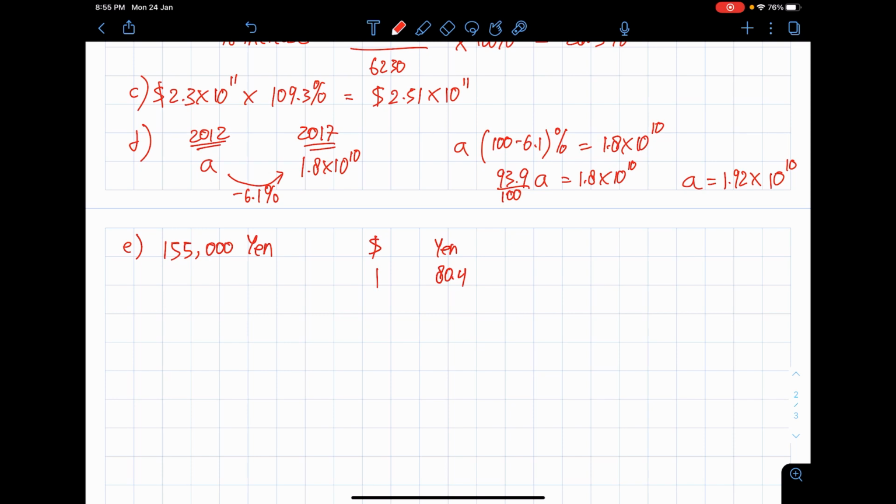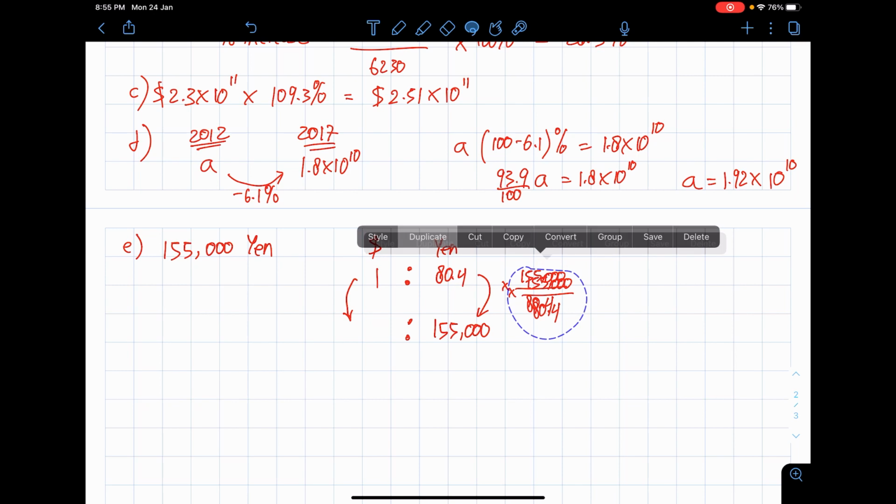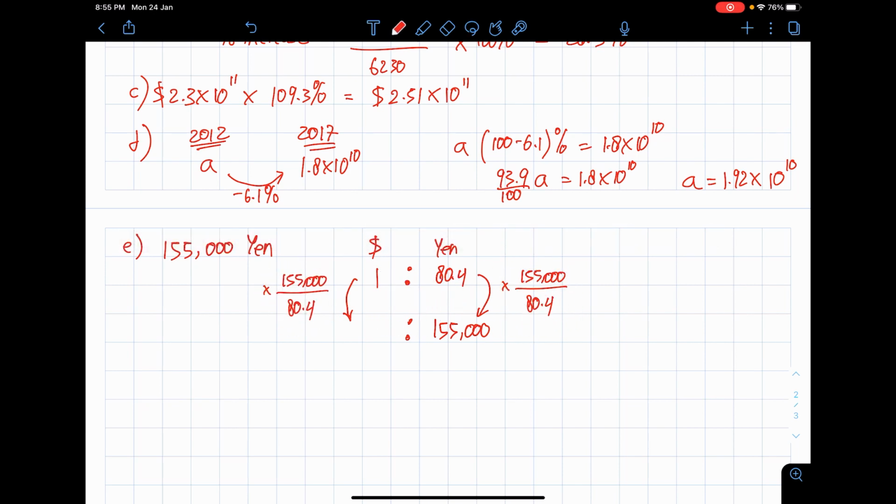I see this as a conversion ratio, and I want to have 155,000 yen from 80.4 yen. That is by multiplying 155,000 over 80.4. The way the ratio works is you multiply by the same amount over here. And that will be 1927.86 dollars, 1927 dollars and 86 cents.